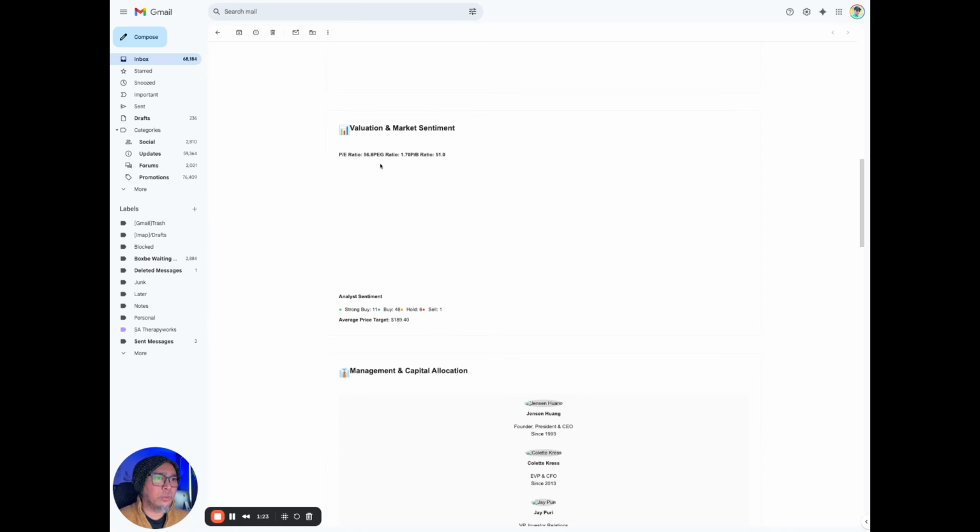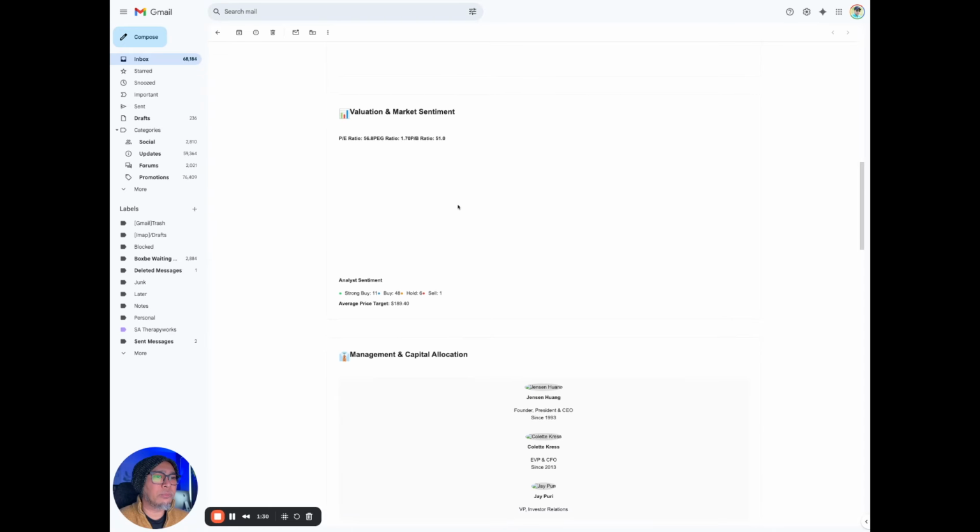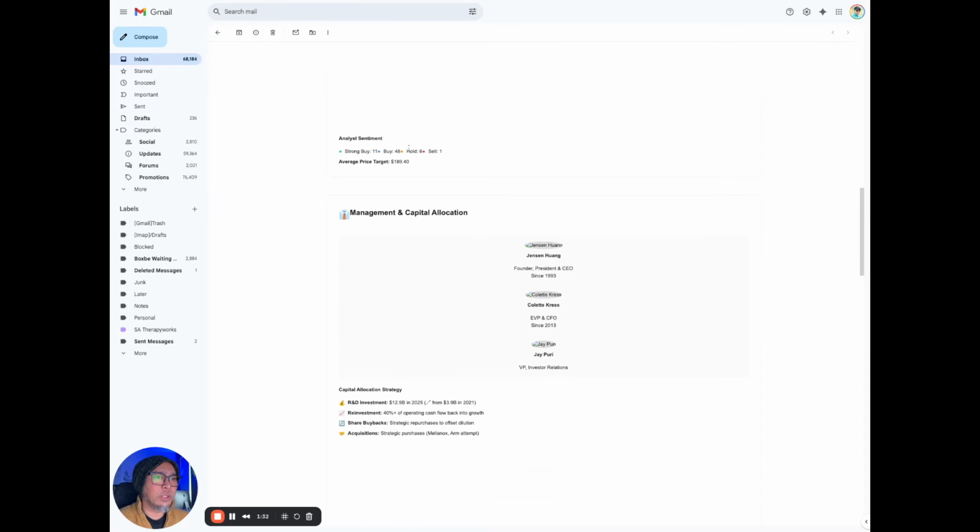So the PE ratio 56.8, PEG ratio 1.7, price to book ratio 51. And then they also give you the analyst sentiment, like how many analysts say buy, how many say strong buy, hold, sell, etc., and the average target price of all the analysts' targets.